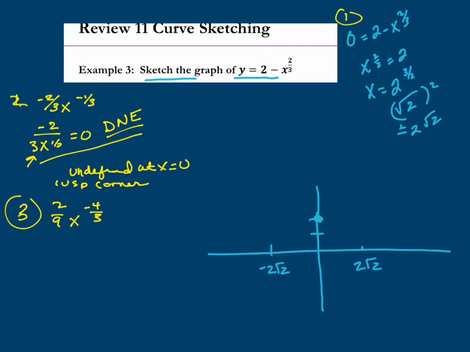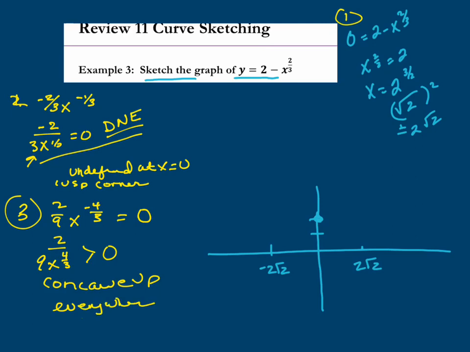All right, and so if you set that equal to 0, again, you don't have any places where it's equal to 0. So you've got to see, is it positive or negative? It'll be the same for each one. So it looks like if I say 2 over 9x to the 4/3, that's always going to be greater than 0. So this is going to be concave up everywhere.